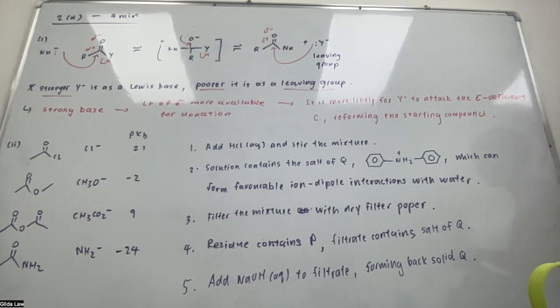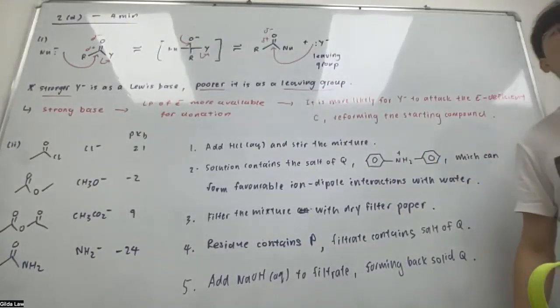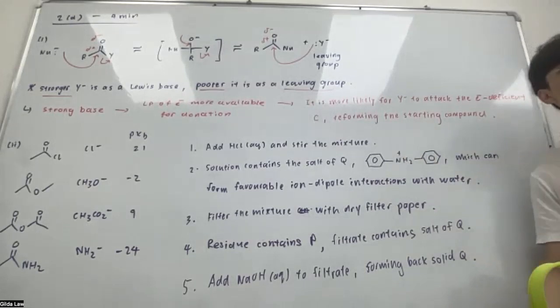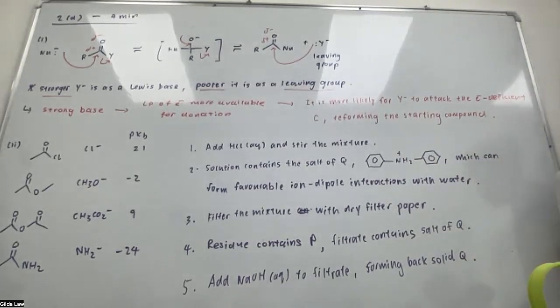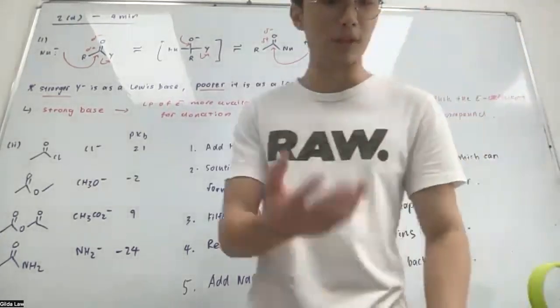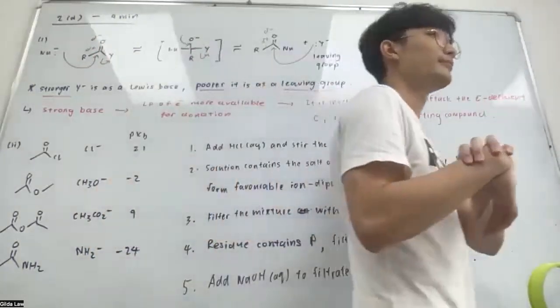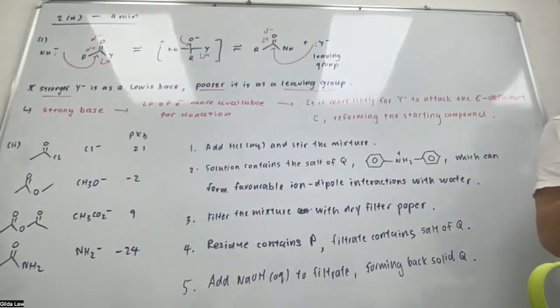HNO3 should be fine as well, I guess. But if you want to stick to convention, conventionally we use HCl for phenylamine reactions. Any last questions here? If not, that's it for today. You can go and complete the rest of this worksheet also.